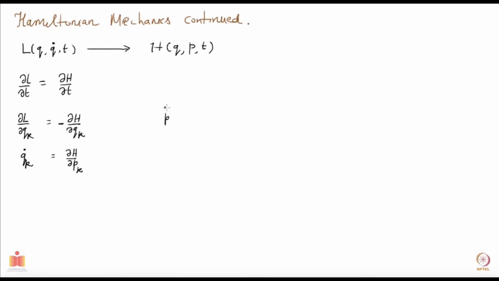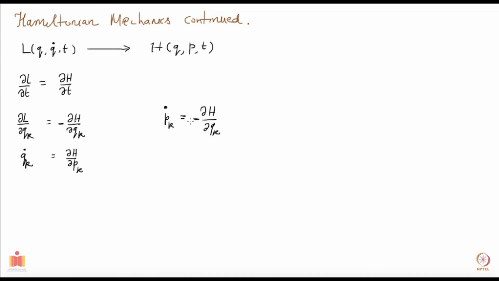If you look at the time derivative of one of the momenta, let's say Pk, that is the same as delta H over delta Qk, and there has to be a minus sign here. In these equations of motion, there is a minus sign.